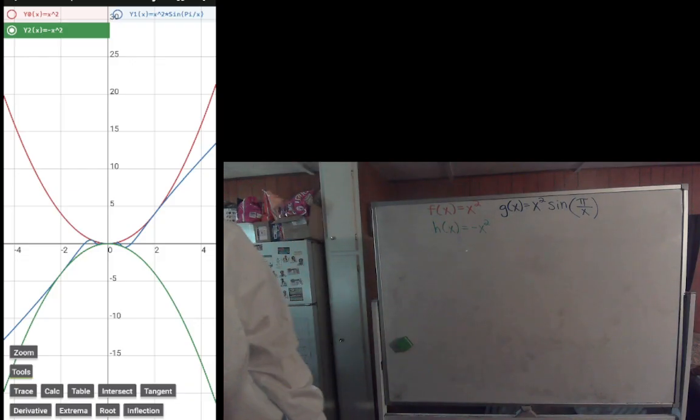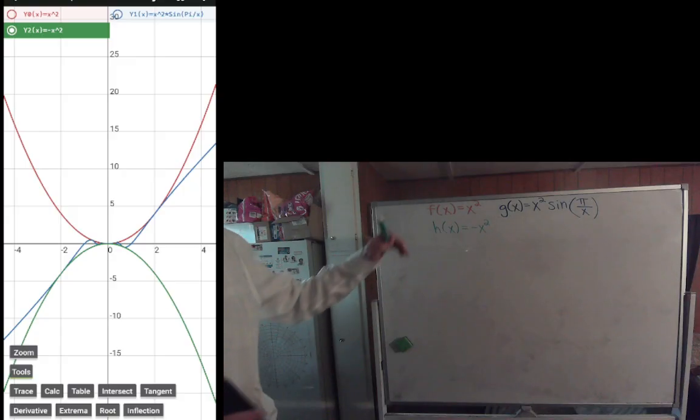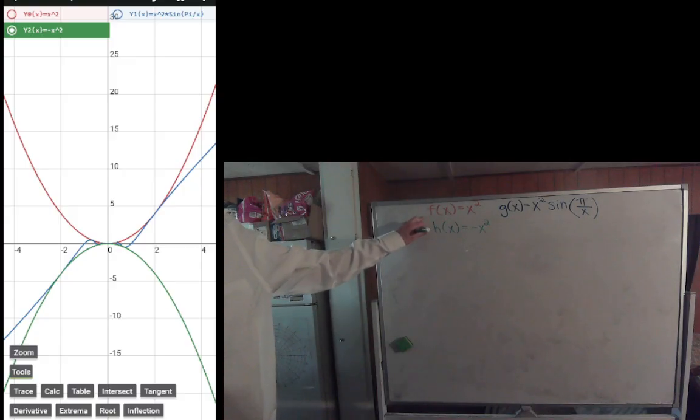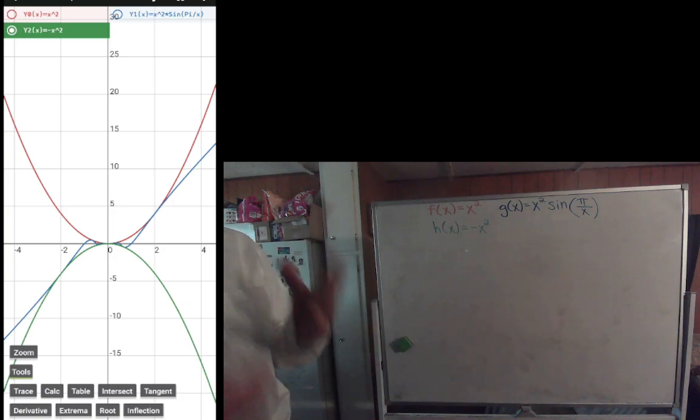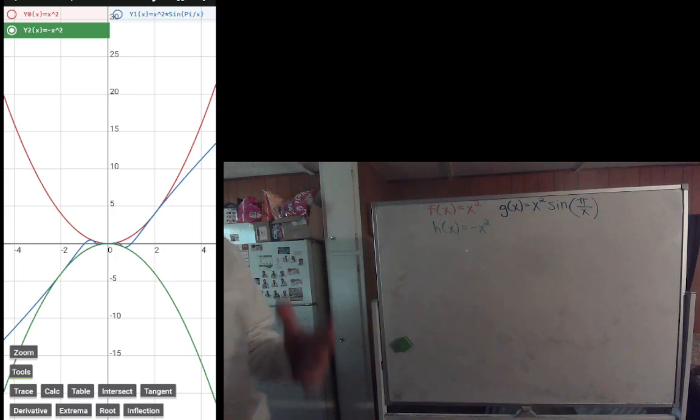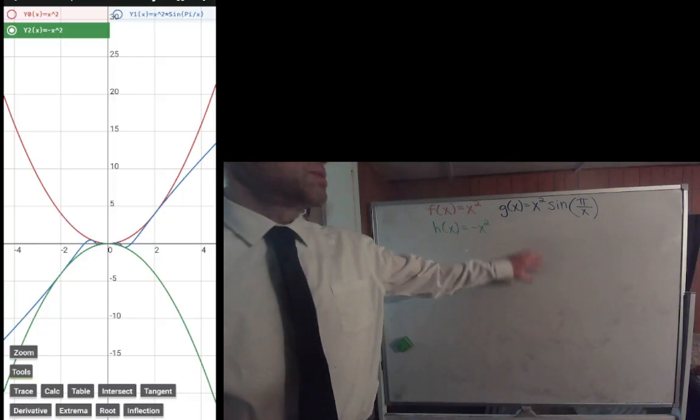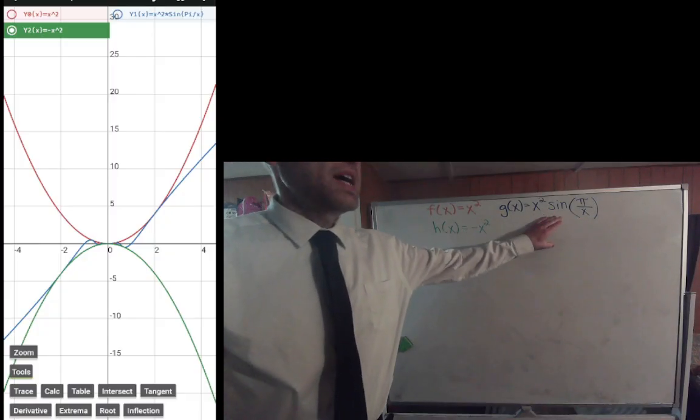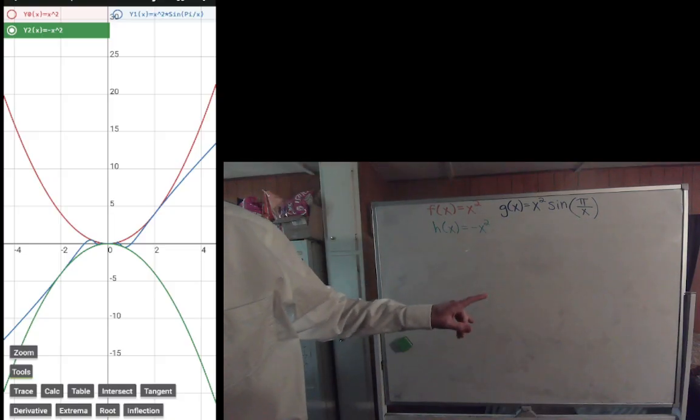At this time, you have in the red color on your screen, that red curve is the classic f of x equals x squared. g of x equals x squared sine of pi over x, that's what's in the blue.